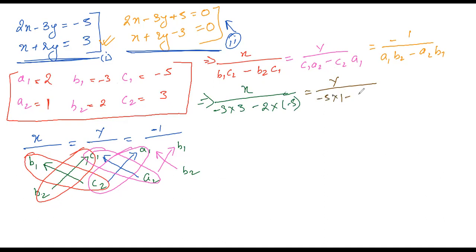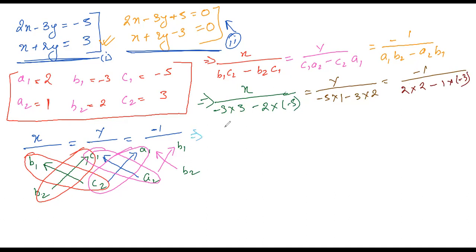A2 is 1, minus C2. C2 is 3 and A1 is 2, equals minus 1 by A1 is 2 and B2 is 2, minus A2 is 1 and B1 is minus 3. Now you need to solve it out separately.